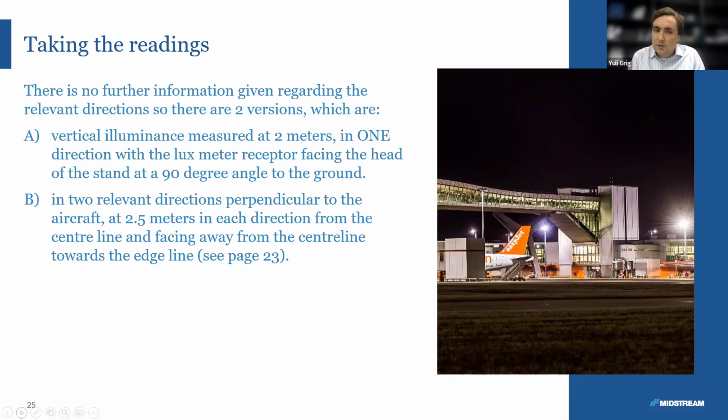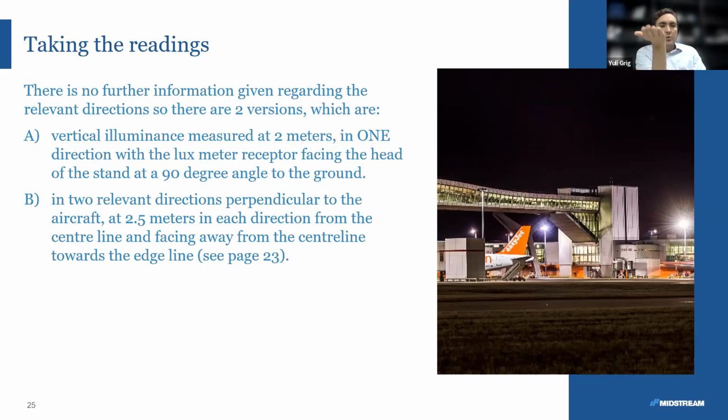The second version to interpret the relevant directions, and notice the S at the end of directions, making it plural. The other way is to do it perpendicular to the aircraft stand, 2.5 meters in each direction from the center line. So we take the center line of the aircraft stand, 2.5 meters in each direction, facing away from the center line towards the edge of the line.